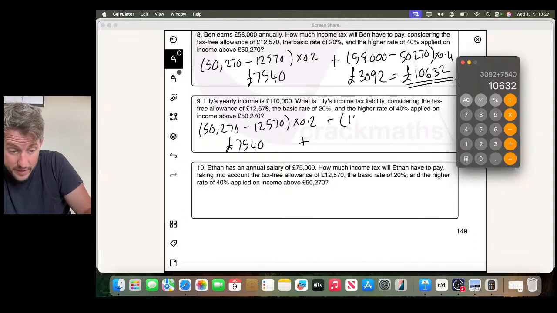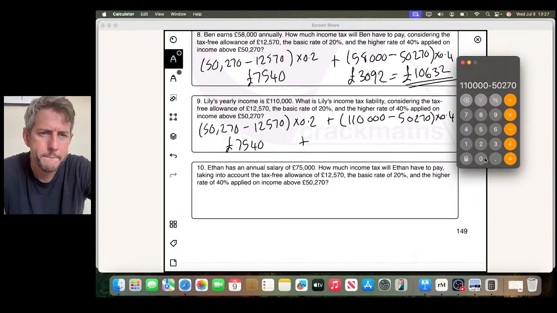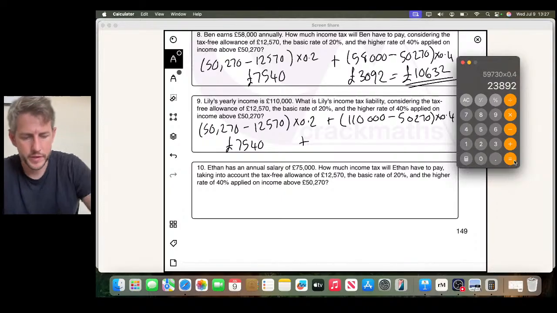And for Lily, it's going to be 110,000 minus 50,270 times 0.4. Okay, so we've got here 110,000, take away 50,270, find out what that is, times this by 0.4. There we go.